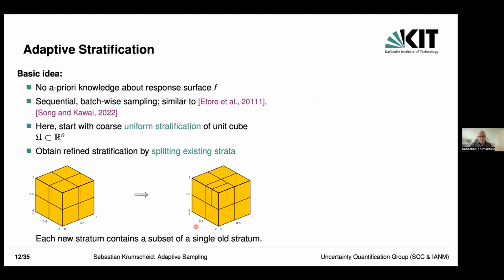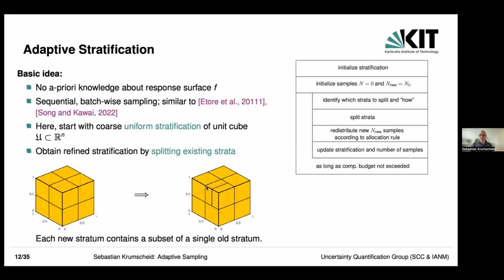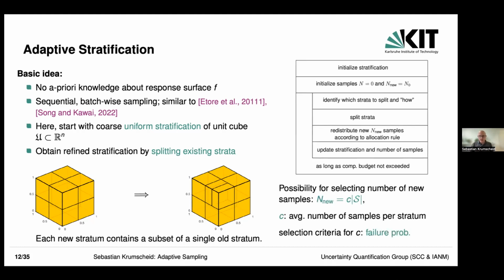Okay, so therefore the first constraint is that after we refine our stratification, our old stratum is being split into 2 new strata. And we keep doing that. And of course, somehow we need to decide how we construct our batches, so how we split our total budget. I'm not going to go into much detail here, but we scale the new samples.